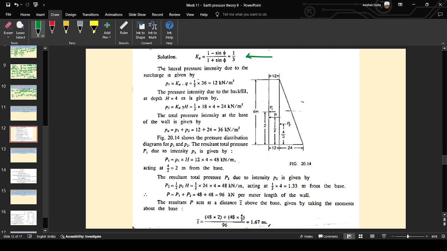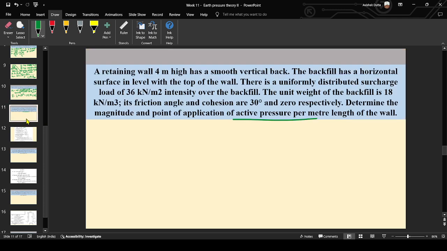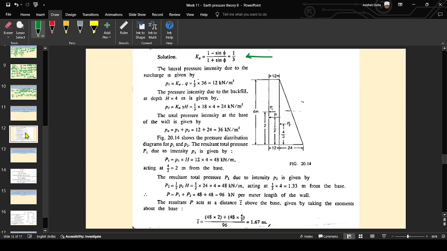It is constant, so it is a rectangle of height 4 meter and width 12 kilonewton per meter square. Now for the backfill, since there is no mention of cohesion, cohesion is 0, so the intensity of pressure due to backfill will be Ka gamma h, that is equal to 24.